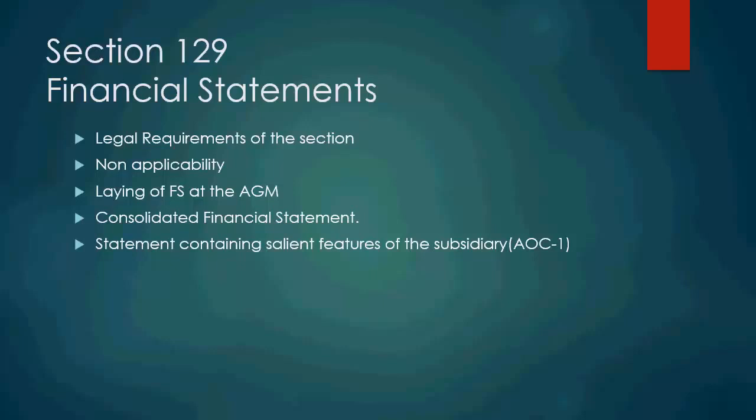Right? So now we look forward to the exemptions given in Section 129. The power to exempt any company from Section 129 vests with the central government. The central government may give a notification in the official gazette exempting any company, any class or classes of company from the application of the provisions of Section 129.